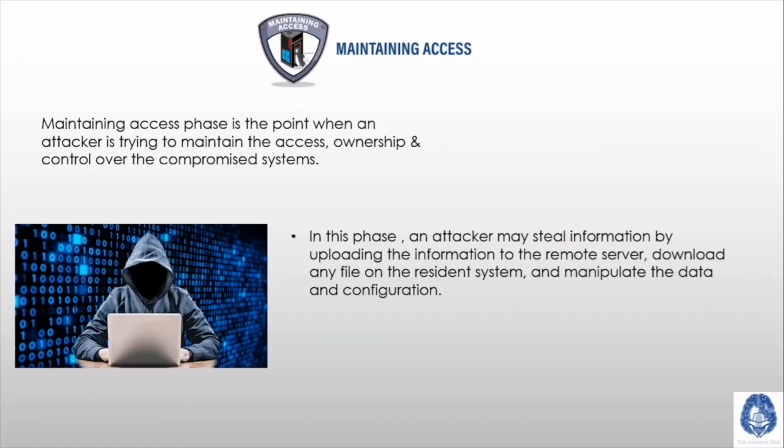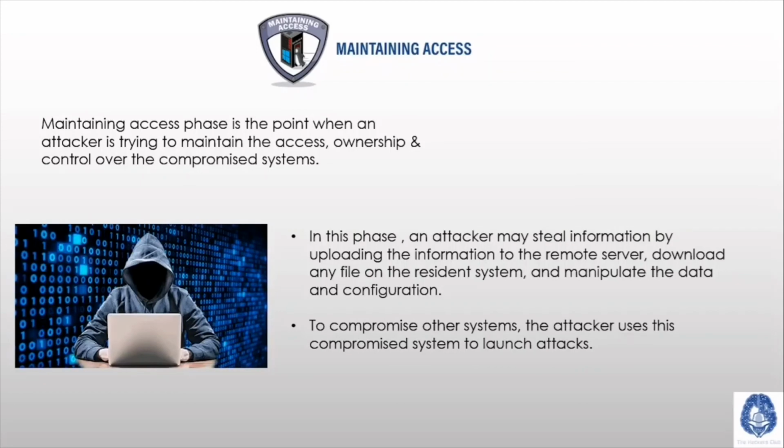Okay, so in this phase he can launch several other attacks to inflict more damage to the organization. The aim is to maintain access to the target until he finishes the task planned. To compromise other systems, the attacker uses this compromised system to launch attacks.